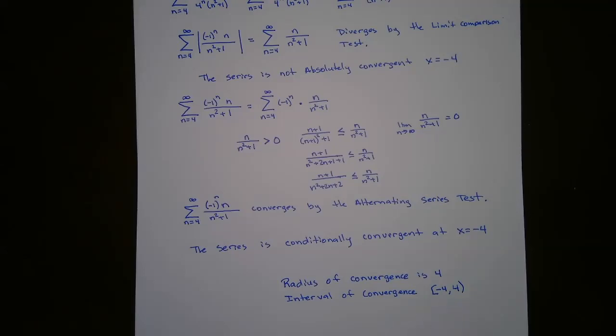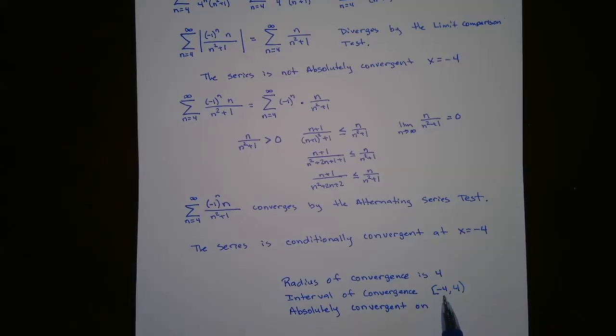Now, where is it absolutely convergent? It was conditionally convergent at x equals -4. It was only absolutely convergent between -4 and 4.